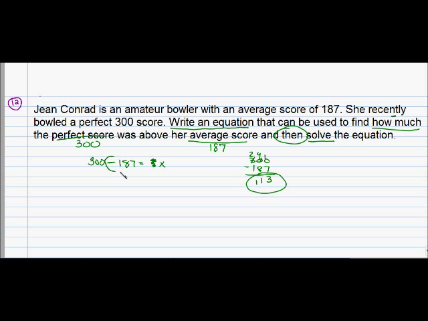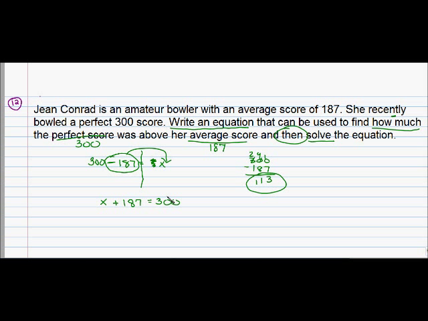And remember, if I want to get the 187 over to this side of the equation, I have to add 187. So my equation will look like this. x plus 187 equals 300. Notice, I took what I knew and I applied it to what I'm doing.